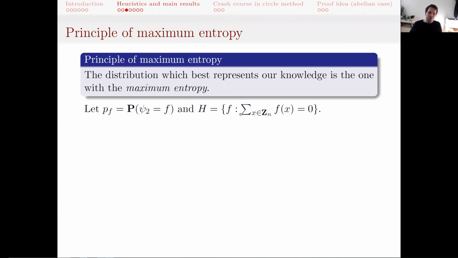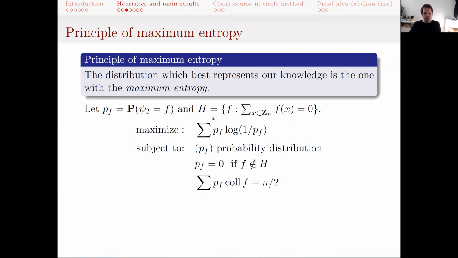for heuristics. So for any function f from Zn to Zn, we define P_f to be this probability, and we also define the set H to be the set of all functions that sum to 0. This distribution has to be supported on this set H and also have this expected number of collisions.